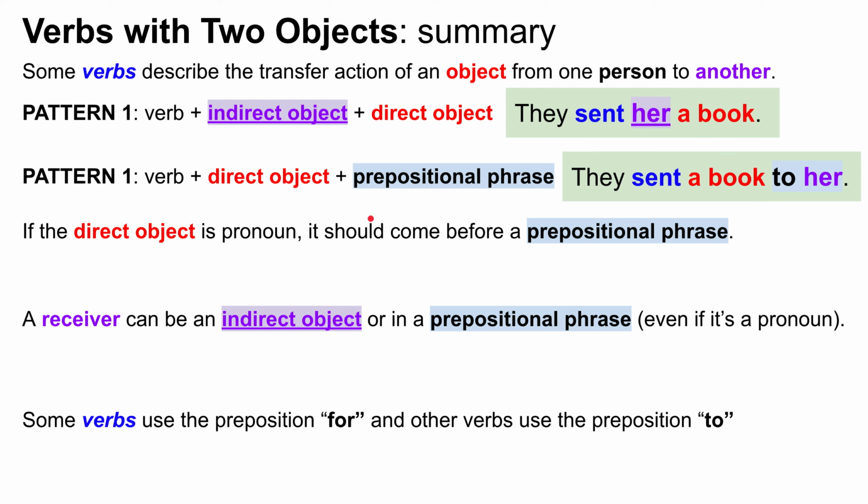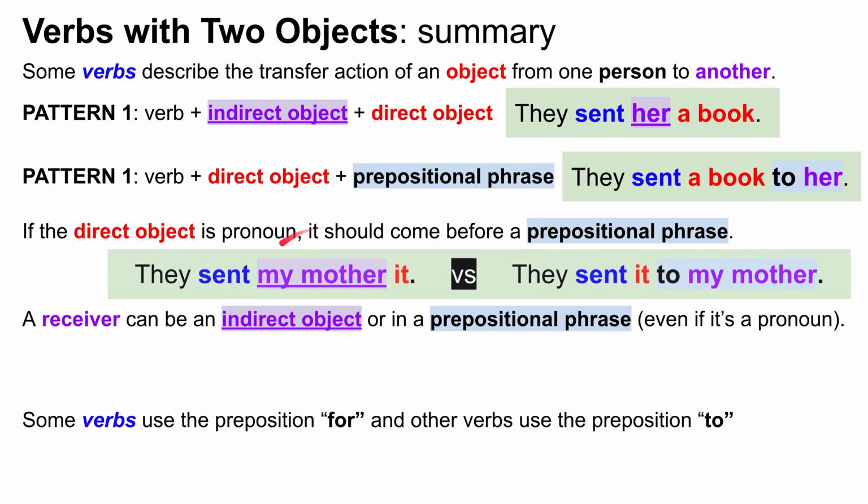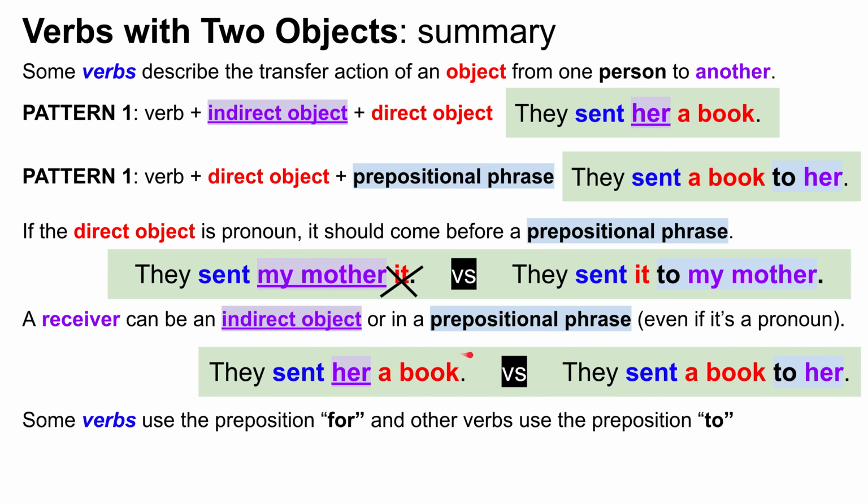If the direct object is a pronoun, it should come before a prepositional phrase. So don't say, they sent my mother it. Don't say this. Instead, say, they sent it to my mother. A receiver can be an indirect object or can be in a prepositional phrase, even if it's a pronoun. For example, they sent her a book.